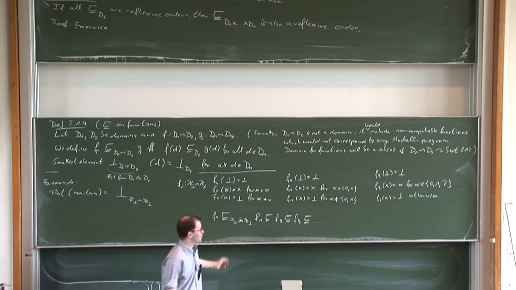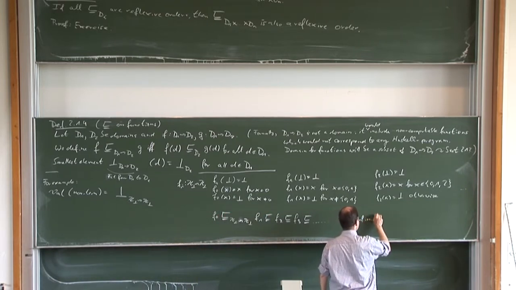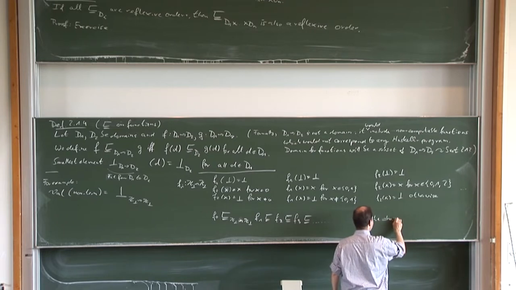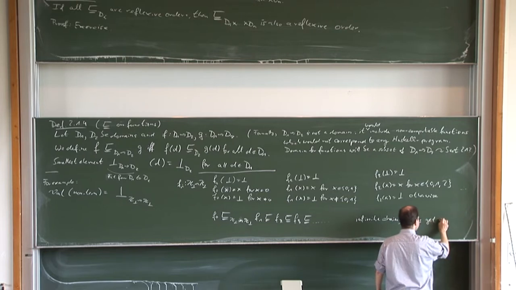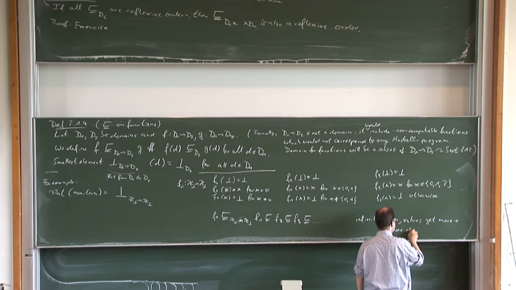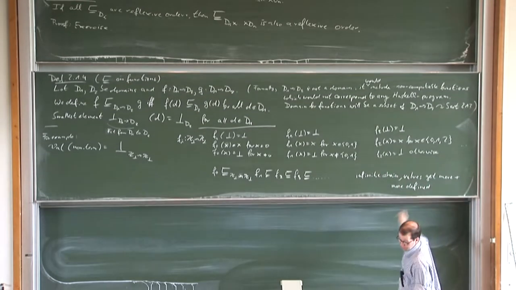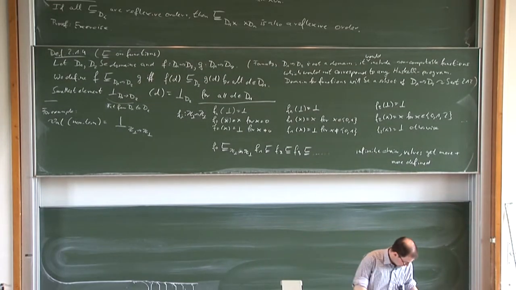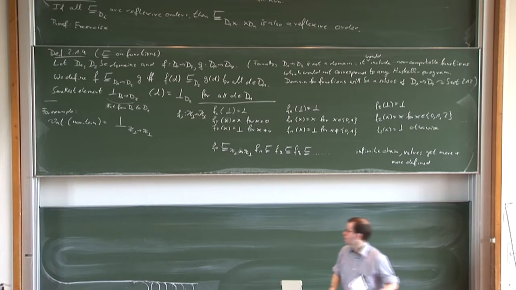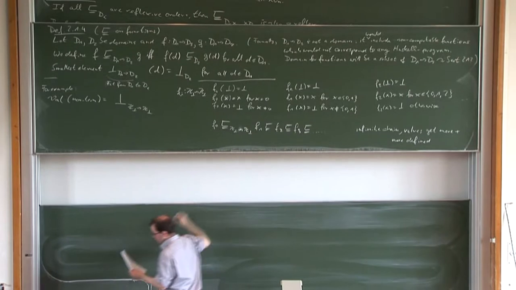So this is an infinite chain, and values get more and more defined. But even for such functions, this less defined or equal relation is still a reflexive order. So we have a similar lemma as before.